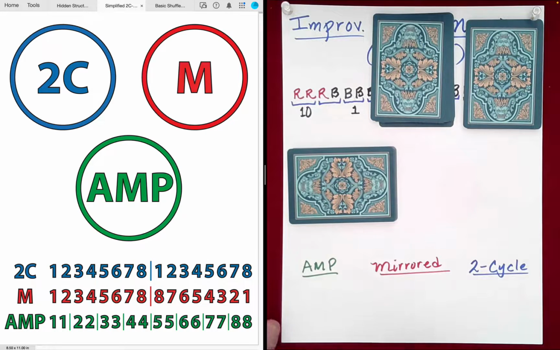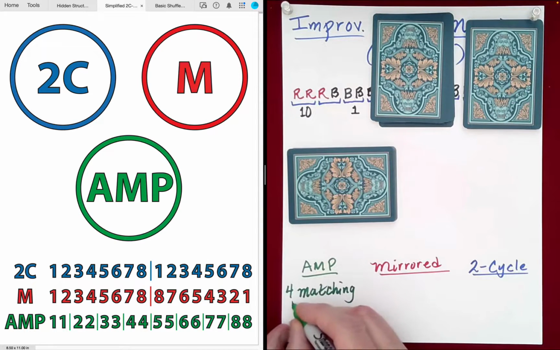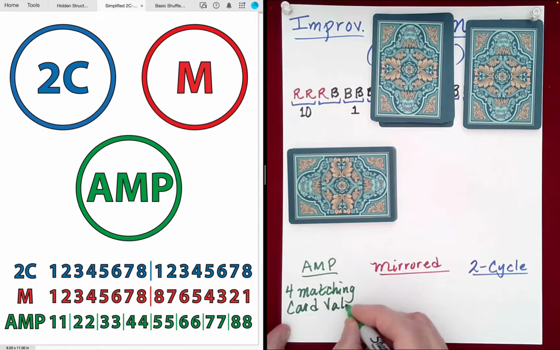So I'll just write down here: 4 matching card value pairs. I'm being verbose here, probably writing down more than we need to, as long as we can decipher what that means. And so that means there's 4 pairs where within each pair the cards are of the same value.